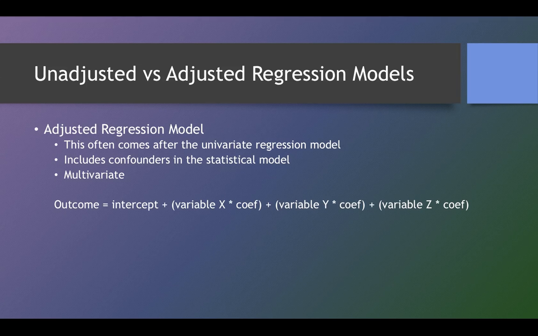This equation incorporates the study's outcome. The main exposure here is shown as variable x, and potential confounders shown as variables y and z. The coefficient of x is used to calculate the odds ratio and the association between variable x and your outcome, controlling for the effect of your adjustment variables.